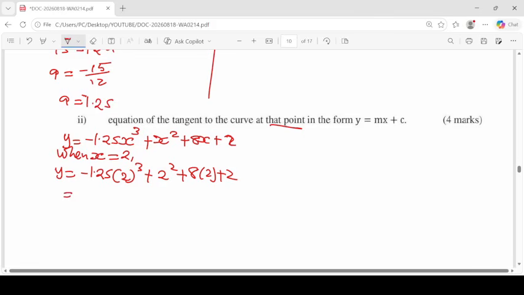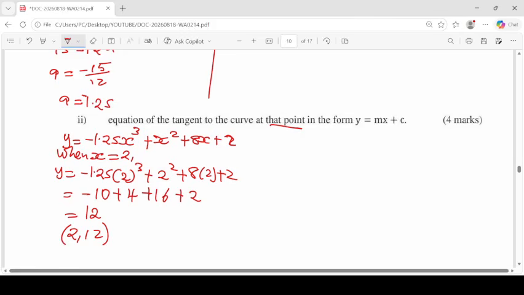So this will be negative 1.25 multiplied by 2 cubed, which is 8. You get negative 10 plus 4 plus 16 plus 2. When you evaluate this, you get 12. The y value is 12. So that particular point is 2, comma 12.